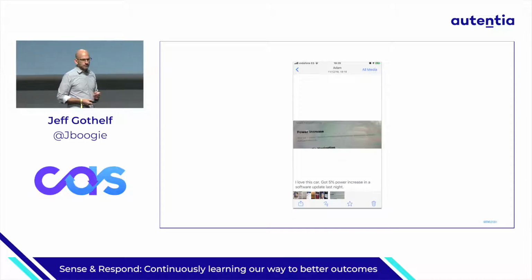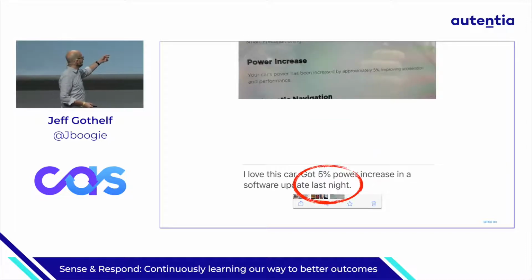My friend Adam in the United States has a Tesla Model 3, and he sends me this stuff all the time. This is a screenshot, as you can see. It's my friend Adam. It literally says Adam right there. Right? And he says, my car got better, 5% faster overnight. Right? I woke up this morning, I got a software update, 5% better. Right? That's this continuous world that we live in.